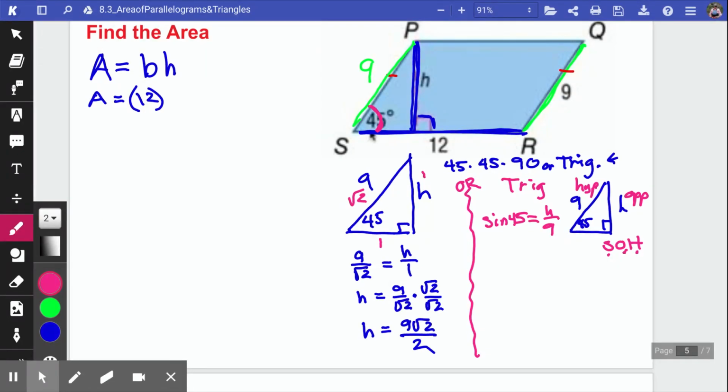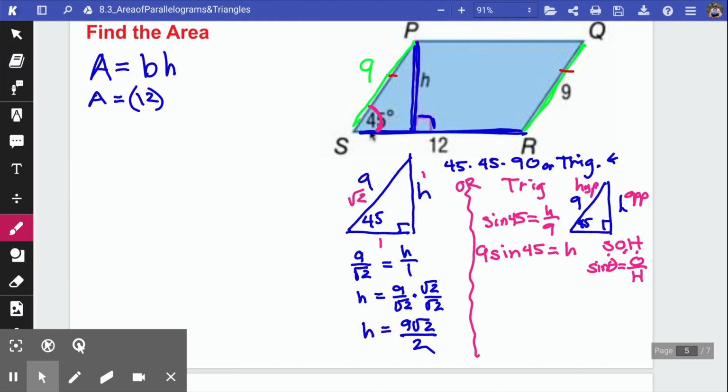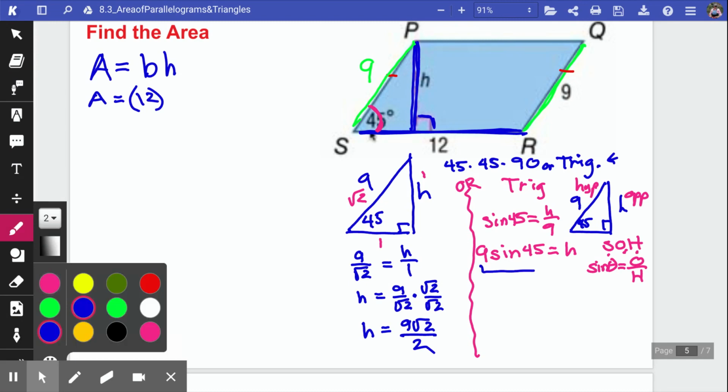Note the difference between that lower-case h and that uppercase H. Then I can just multiply both sides by 9, so 9 sine of 45 is equal to h. So this is the height of my triangle.